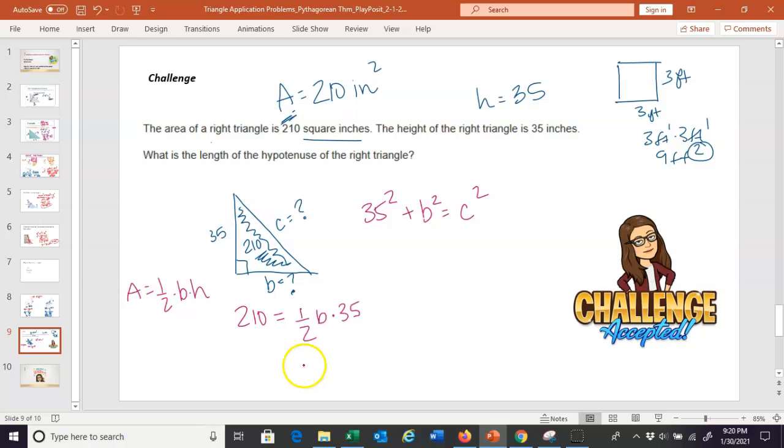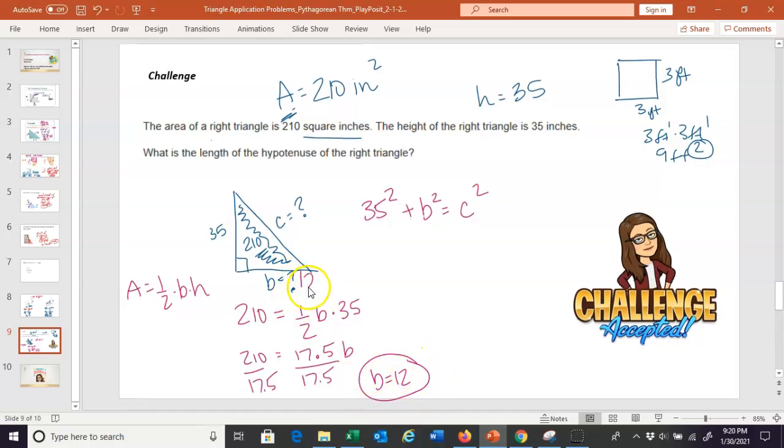Half of 35 is 17.5. Now we'll just divide both sides by 17.5, and you get 12. So the base is 12.